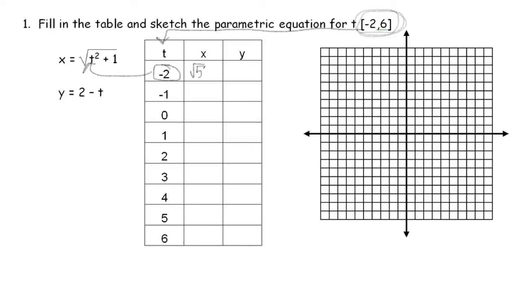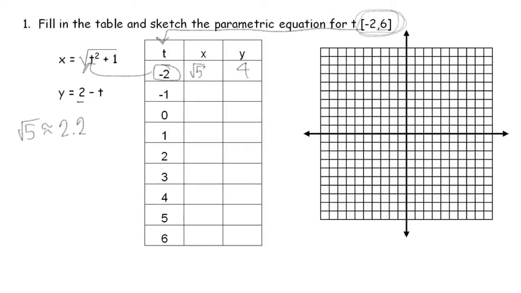Or in place of square root of 5, remember that the square root of 5 is approximately 2.2. So that might be a better number to record since we are going through and graphing those. So I'm going to change these radicals over to decimals. And then our y value, when I plug in -2, is going to be a +4.